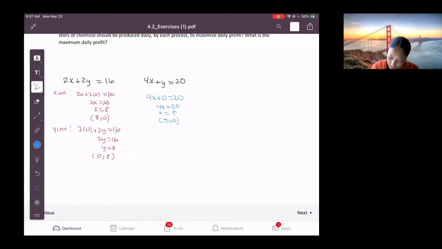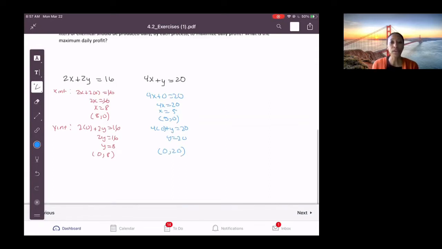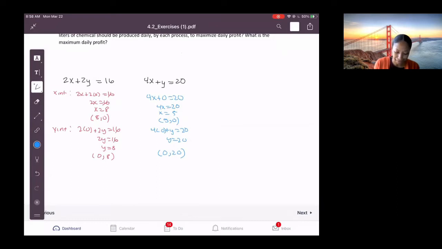And for the y-intercept, 4 times 0 plus y equals 20. y equals 20, so 0 comma 20 is our y-intercept. I didn't give myself enough space at all, but it's okay. We're going to sketch these 2 lines, find the corner points, plug the corner points into the objective function, and then finally answer the question.